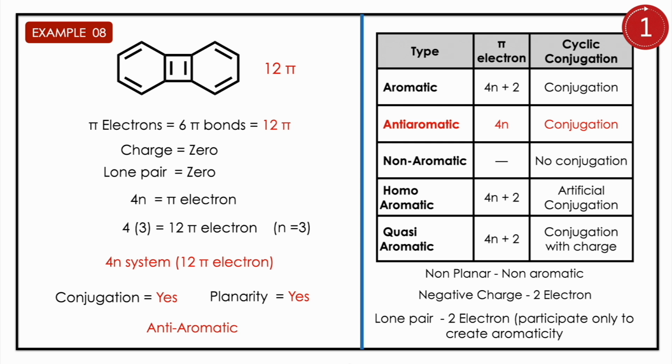Lone pair also not there. So 12 pi electrons mean it's a 4n system where n equals 3. The system is definitely conjugated, alternate single and double bonds, and planarity also there, cyclic in nature. According to the Huckel rule, 4n system, conjugated, planar mean the given compound is anti-aromatic.